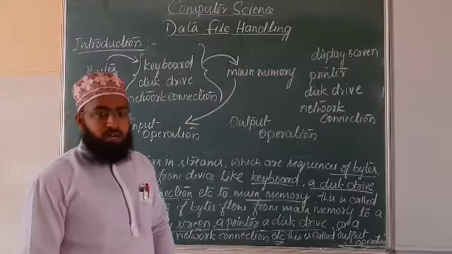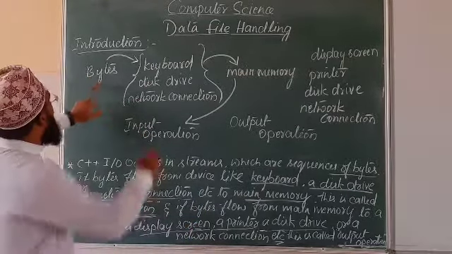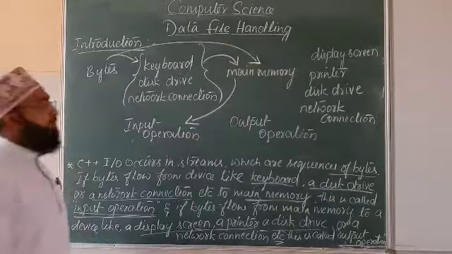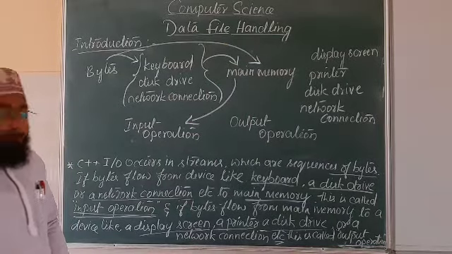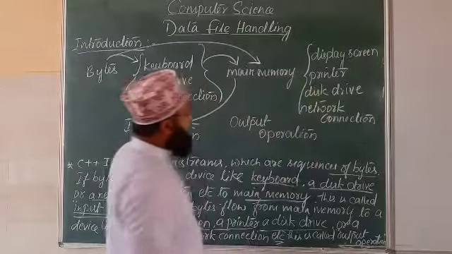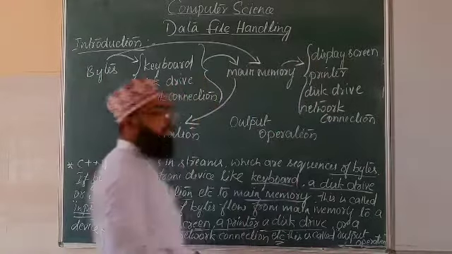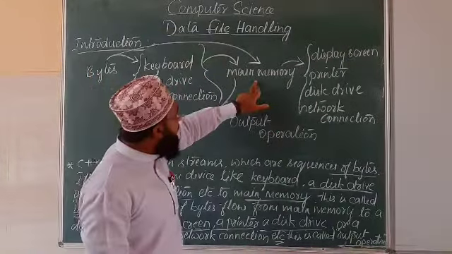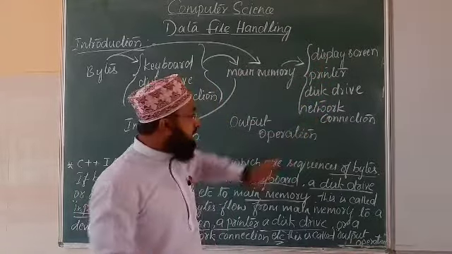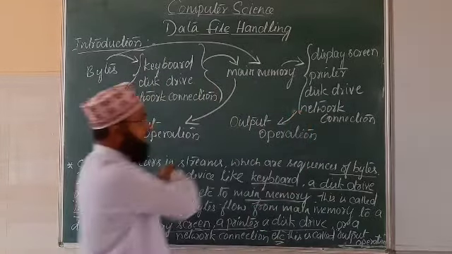Hope you have understood. And the second thing: if bytes flow from main memory to display screen, printer, disk drive or network connection, this process is called an output operation.